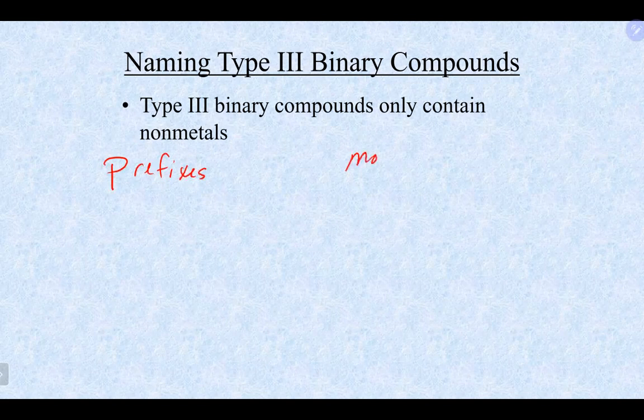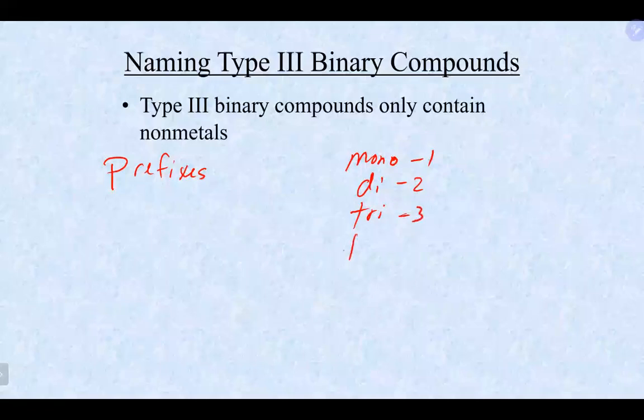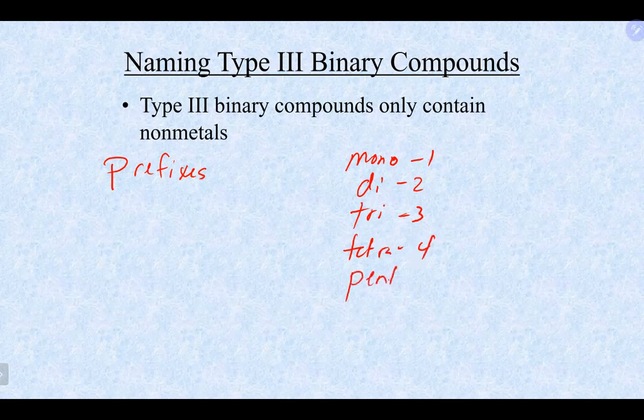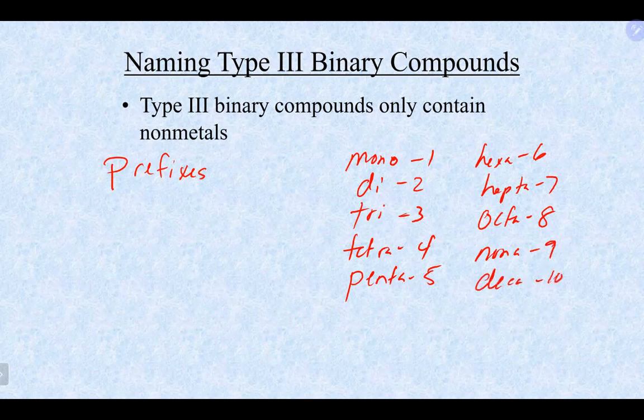Mono is 1, di is 2, tri is 3, tetra is 4, penta is 5. We have a table coming up, I think, of it. Hexa is 6, hepta is 7, octa is 8, nona is 9, a little deca for 10. And we do use prefixes here.